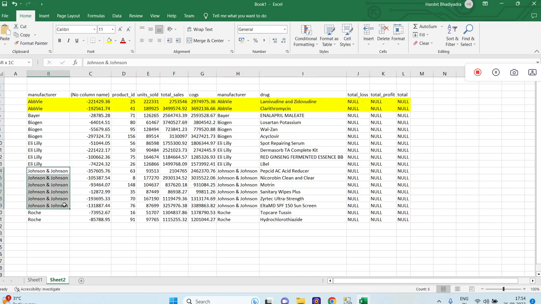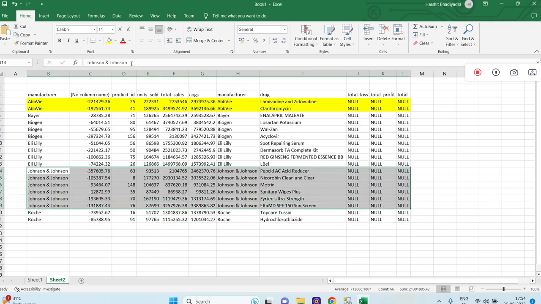Then if you see for Johnson and Johnson, right? So for Johnson and Johnson, a total of six drugs are available in the losses incurred. And what is the total?